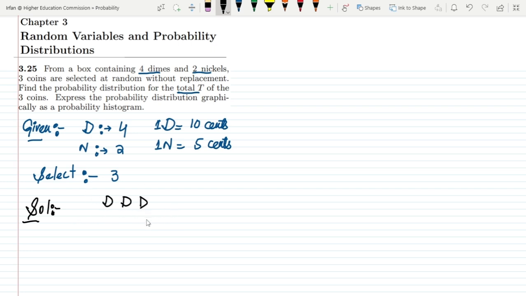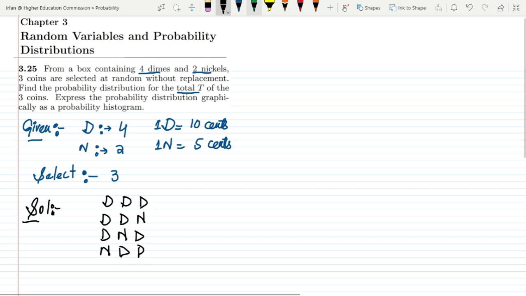Similarly we can also have 1 nickel out of the 3 coins, so it can either be dime, dime, nickel, or dime, nickel, dime, or nickel, dime, dime. We can see here that these 3 basically lie in the same category in which we have only 1 nickel. Therefore we will have a single term for it. This one is separate.